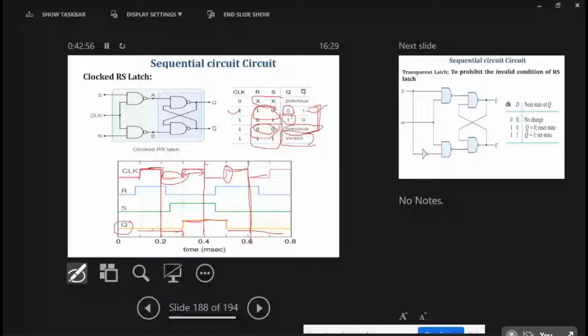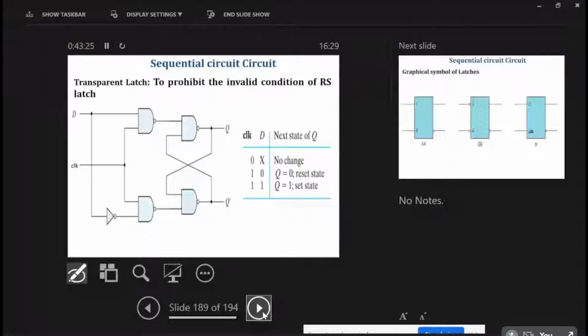We are not interested in that invalid value. So what is the solution? We need some means so that the invalid value will never occur. We are interested in that.